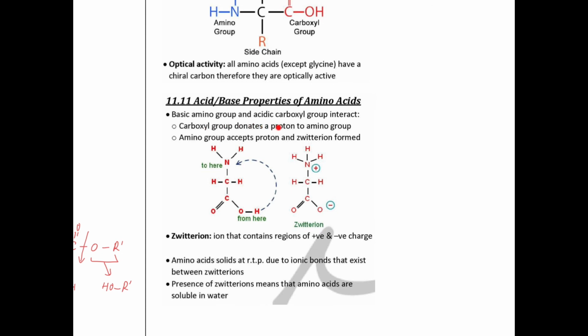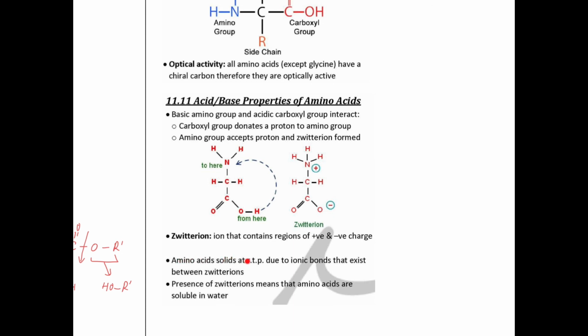Carboxyl group donates a proton, a proton means H plus, to the amino group. So this receives the H plus and becomes this. This donates the H plus and becomes negatively charged. So the amino group accepts protons and zwitterions form. So this is the zwitterion. A zwitterion is an ion that contains regions of positive and negative charge. Positive charge is here, negative charge is here.